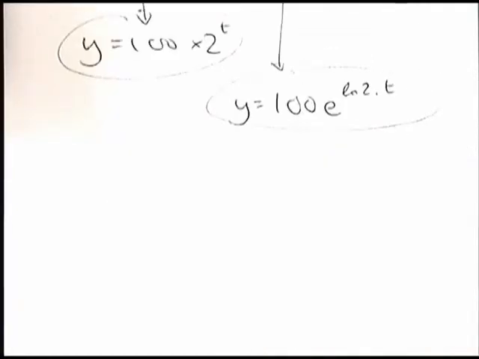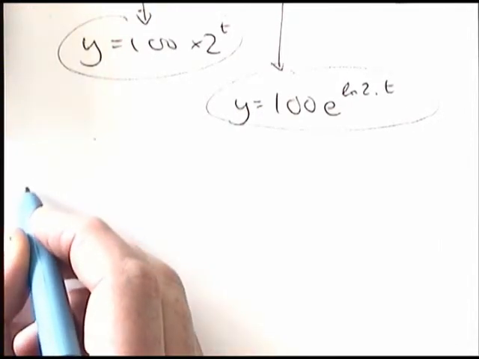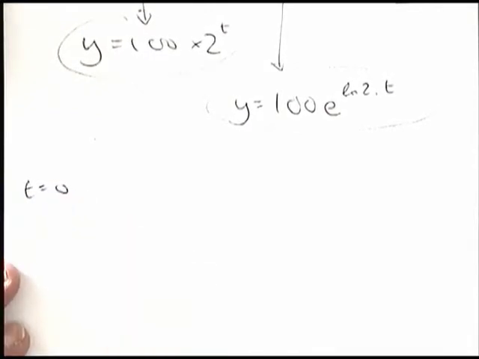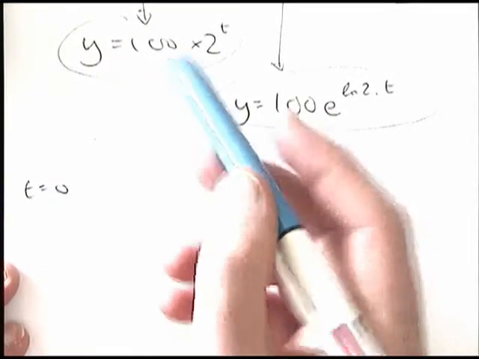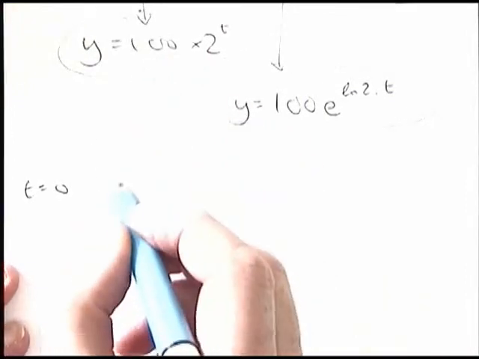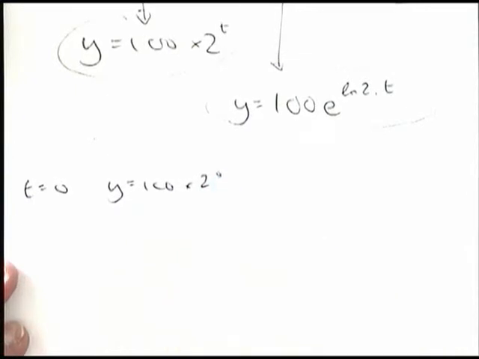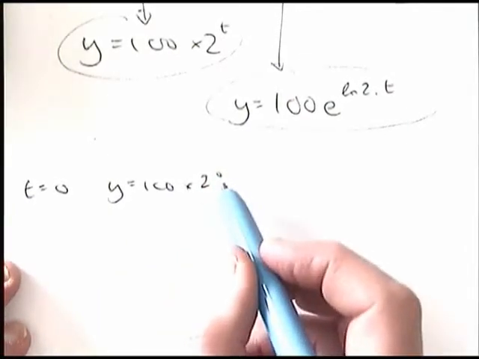So we said these two things are equivalent. Just want to sort of demonstrate it really. Let's have a look at what happens when T is 0. That's right at the beginning of the situation. Here in this one, so call this one version 1, I'm going to get Y is 100 times 2 to the power of 0. Anything to the power of 0 is 1.